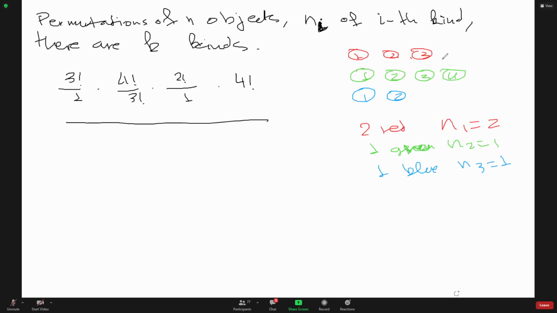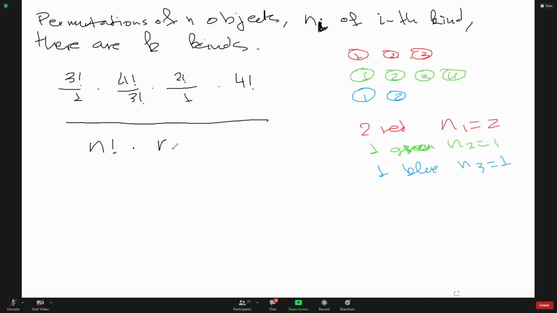So now do we all agree? Yes. So in general, if we had n objects, ni kinds, ni for every kind of k kinds, what you say, this is n factorial times, what was 3?